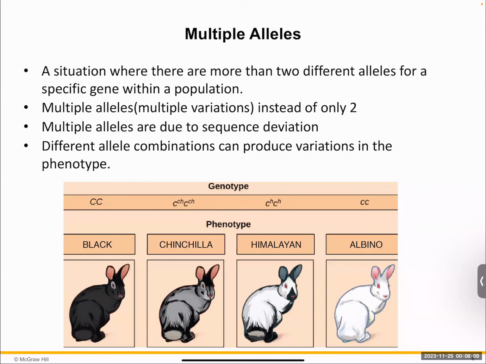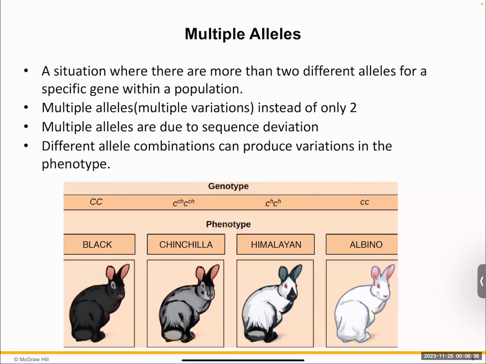Now, multiple alleles, as the name implies, is pretty self-explanatory. It is a situation where you have more than the 2 typical alleles. We learn about alleles being dominant versus recessive, but in this case we're talking about 4 different types of alleles.